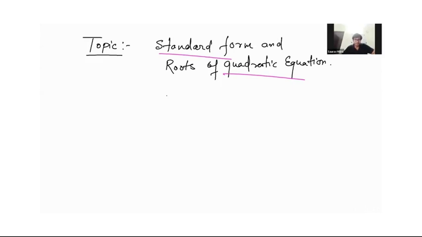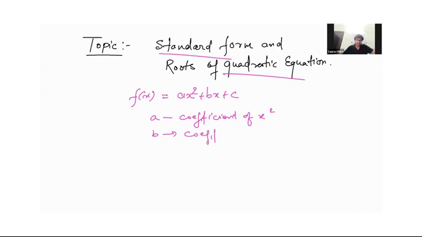A quadratic equation is written as f(x) = ax² + bx + c, where a is the coefficient of x², b is the coefficient of x, and c is the constant term.